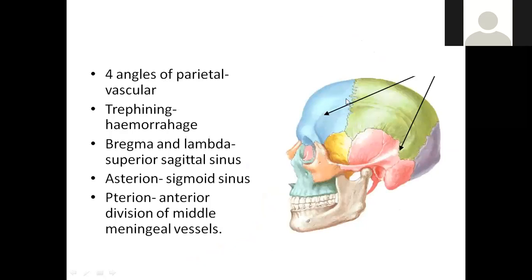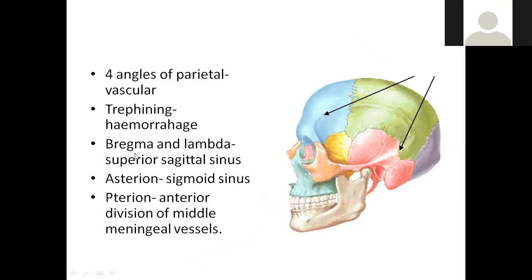Now, if you observe this parietal bone, it has four angles. One angle is this point, second angle is this point, third is this one, and fourth is this one. These four angles are useful because, if we have roughening, we can drill a hole to check the bleeding or to do surgical procedures. We know this is bregma, we know this is lambda, and this is pterion, where we have four bones meeting.